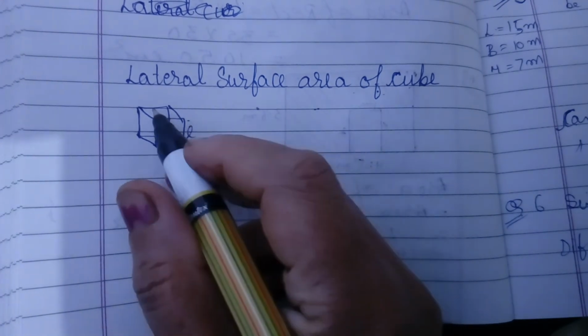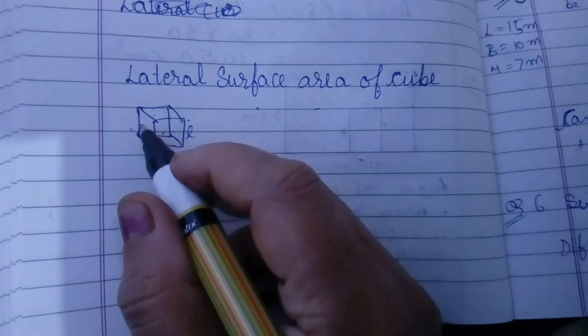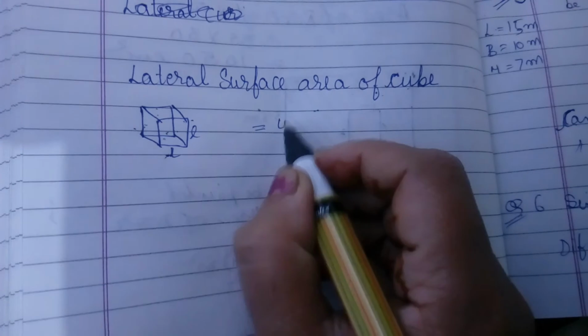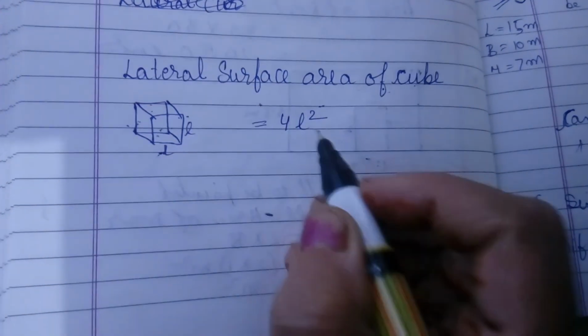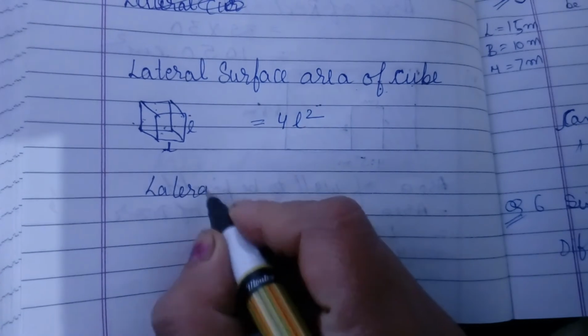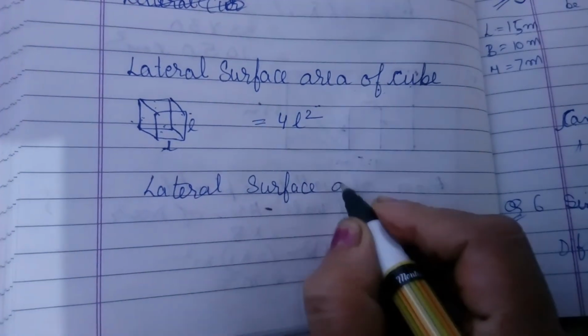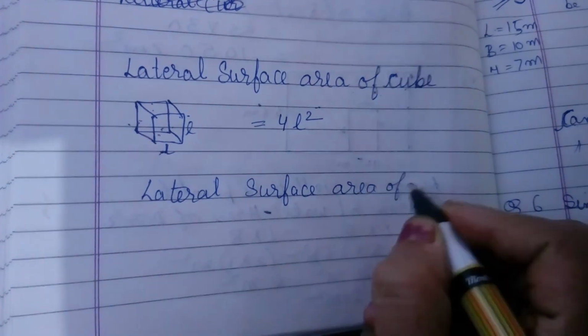When we have to calculate lateral surface area, not total, meaning 4 walls, then it is 4l square. Now comes a new formula, the lateral surface area of a cylinder.